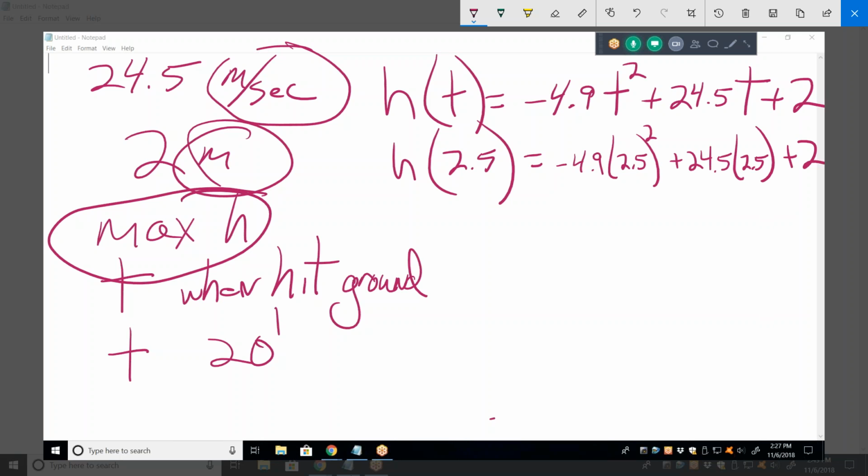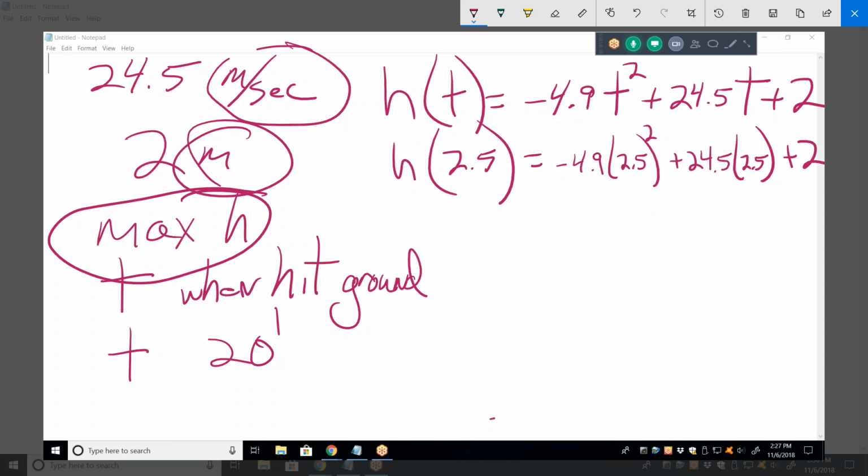Let me try doing that on my calculator. 2.5 times 2.5 times negative 4.9. Hold on a second.